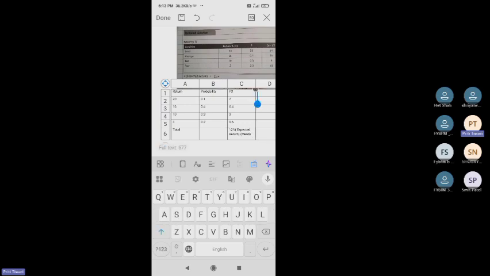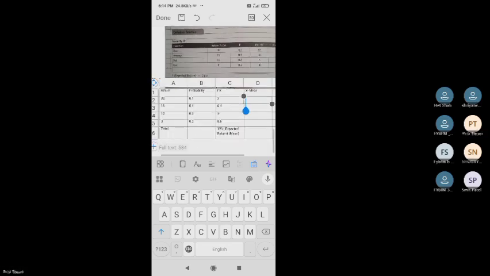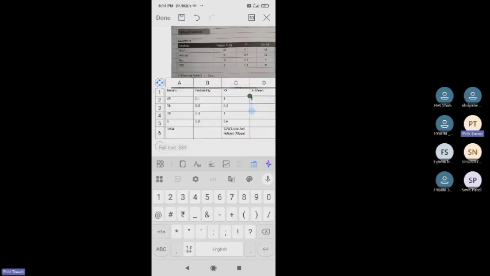Next comes the step where you calculate deviations. How are the deviations calculated? X minus X bar, which is X minus the mean. Subtract every return by 12. 20 minus 12 would be 8. 16 minus 12 would be 4. 10 minus 12 would be minus 2.